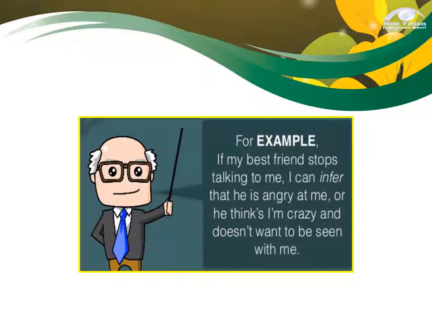Another example, if my best friend stops talking to me, I can infer that he is angry at me, or he thinks I'm crazy and doesn't want to be seen with me. You conclude that if your friend stops talking to you, he is angry with you.